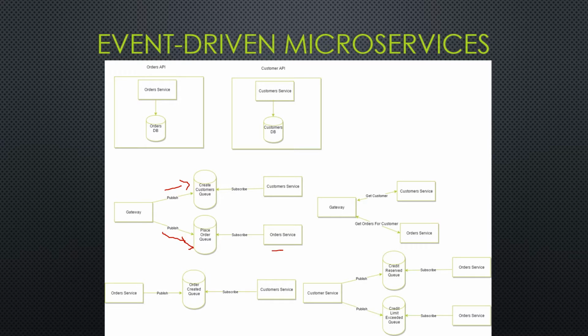Let me send a message out saying an order is being created, and the customer service component is going to consume this data. The information here says I have an order, it is for $200, and it is for this customer.